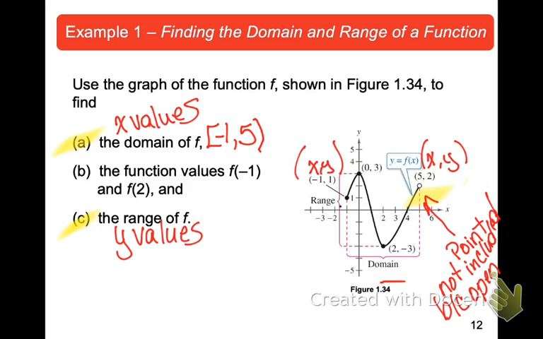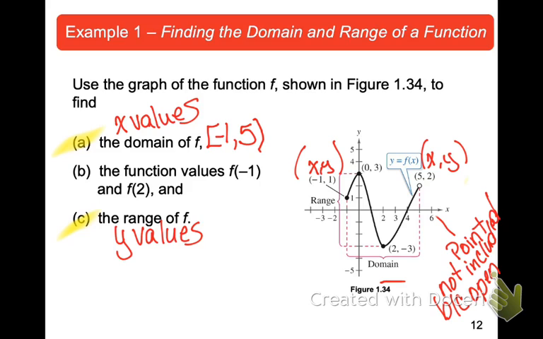Now, when I'm talking about the range, I want to look at my y values. No, never mind. I said that wrong. Okay.